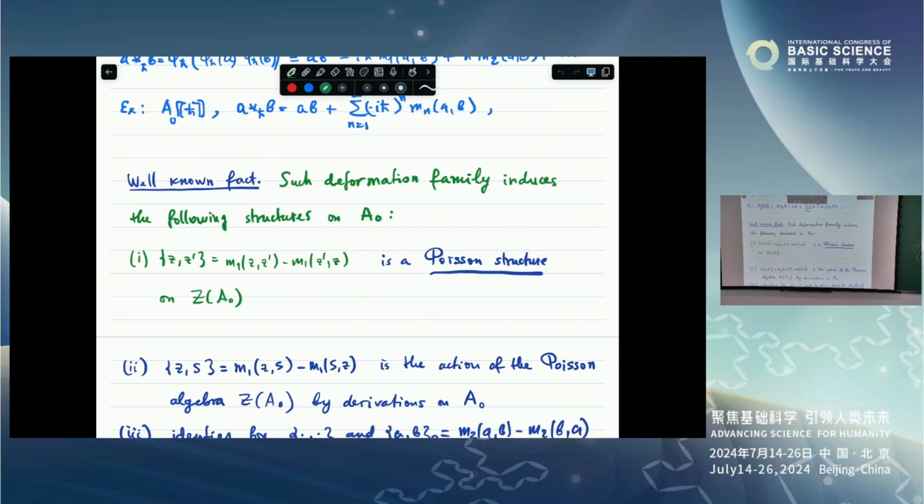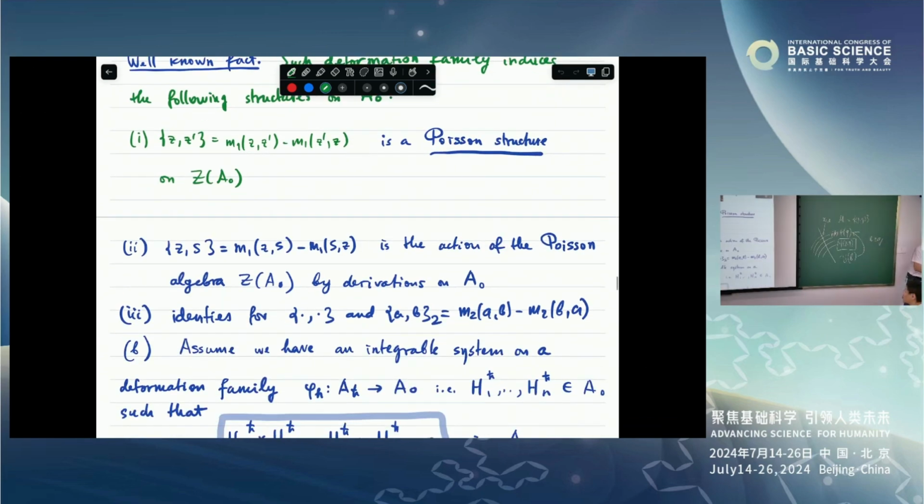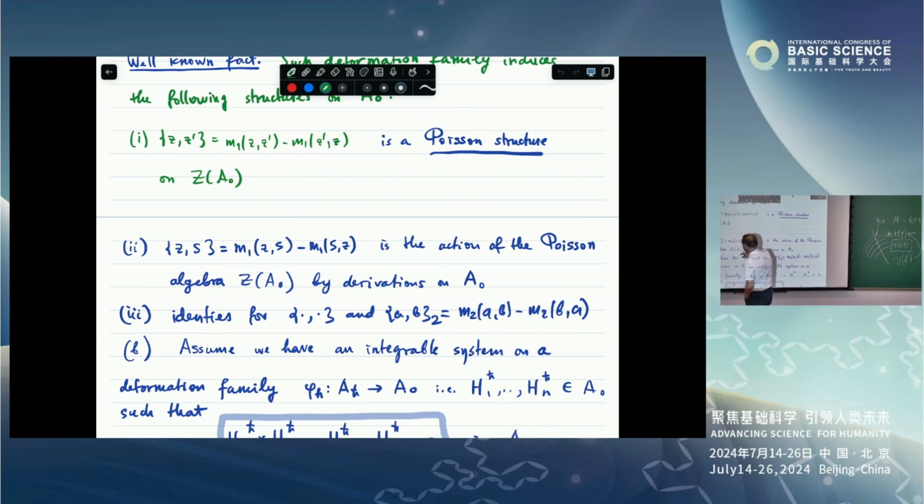Just wait. So now, also a well-known fact is that if you define this bracket with the skew-symmetric part, for Z in the center and S any element of A0, then it defines the action of the center by derivations on A. So this thing is canonical.